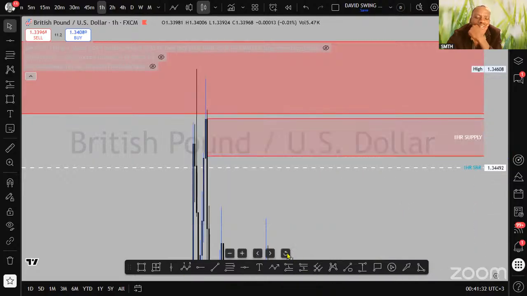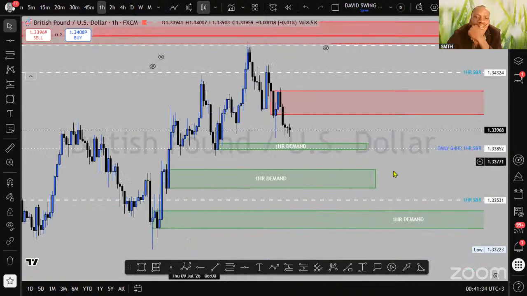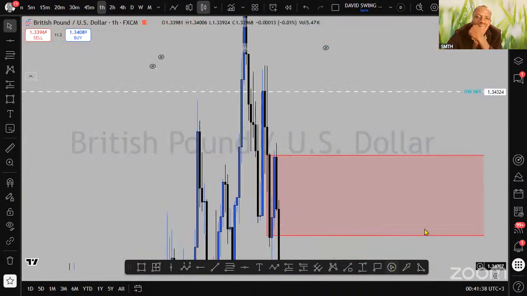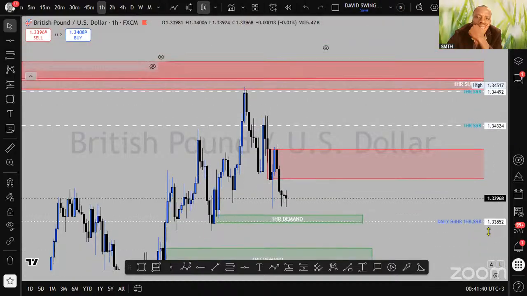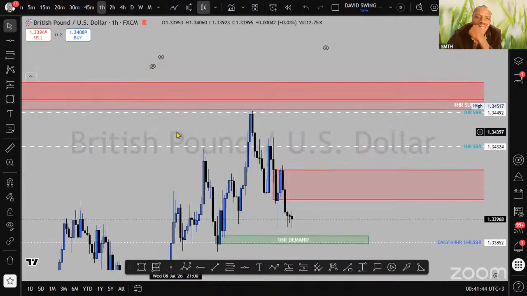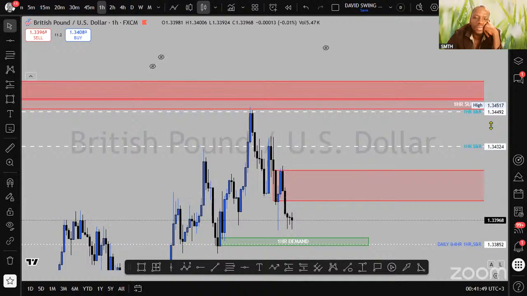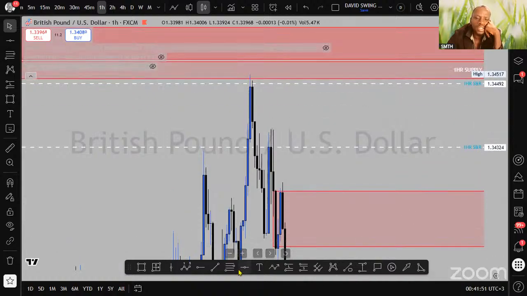Okay. Current chart. So I was looking at this chart in the daily.